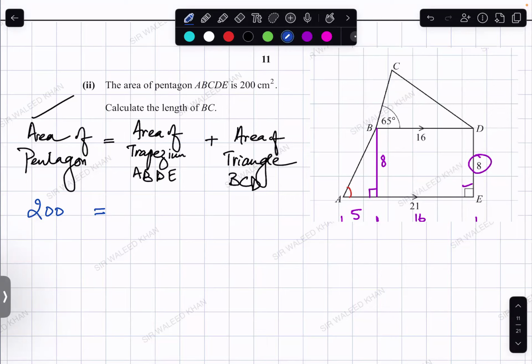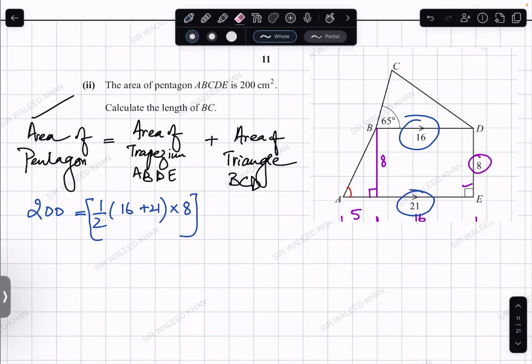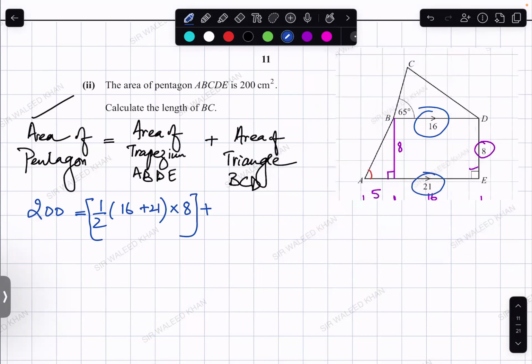So for that, area of trapezium, 1 by 2 into sum of parallel sides, 16 plus 21, times the height, the perpendicular distance between these two sides, plus area of triangle BCD. Because we are dealing with a non-right angle triangle, I can use the formula.